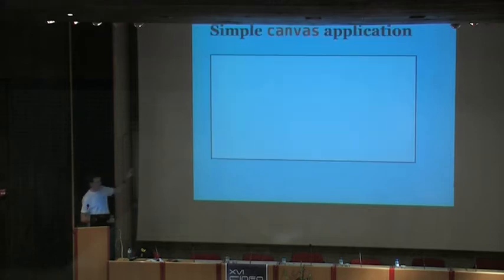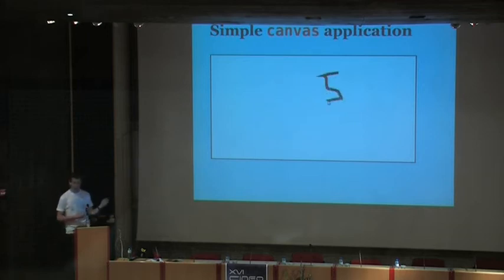I made a 15-line application that basically listens to some mouse events, and then you can do things like this. Basically, it just listens to some mouse events and then calls line 2 with the given coordinates. And so you can create simple fields where people can write things.